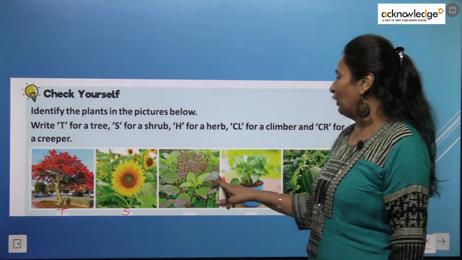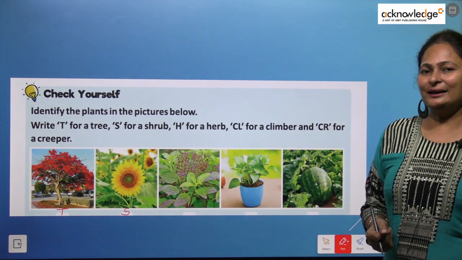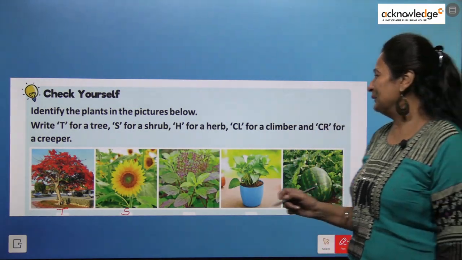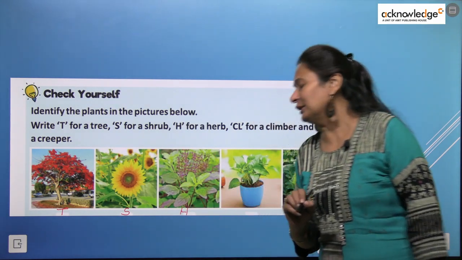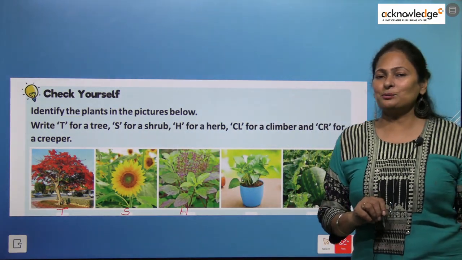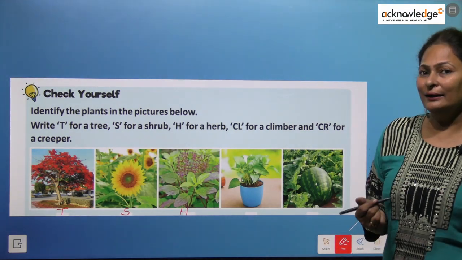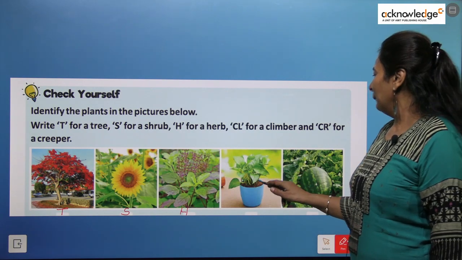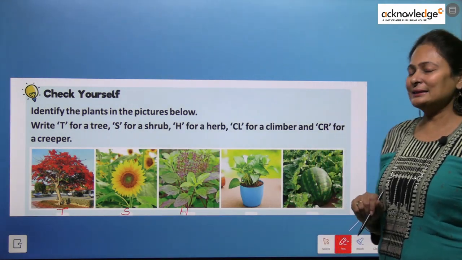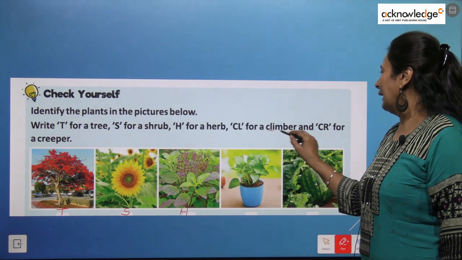Next is the picture of tulsi. Tulsi is very good. Tulsi is an herb. So we will write down H here. Herbs are again small plants, but they are weak, right? Next is money plant. Money plant is an example of a climber.